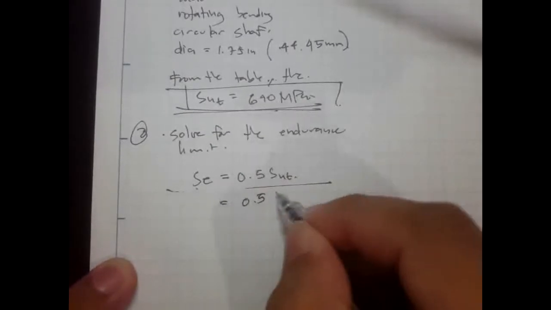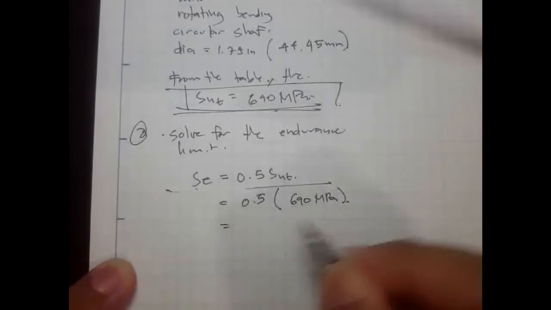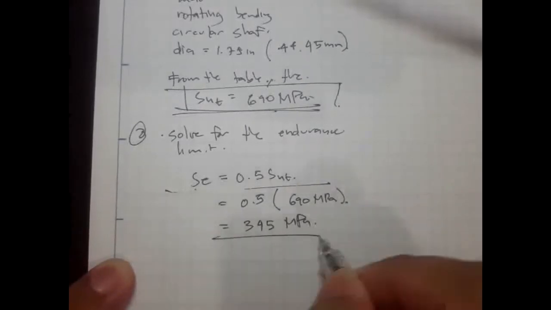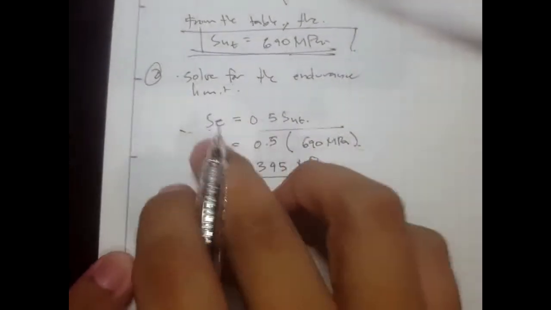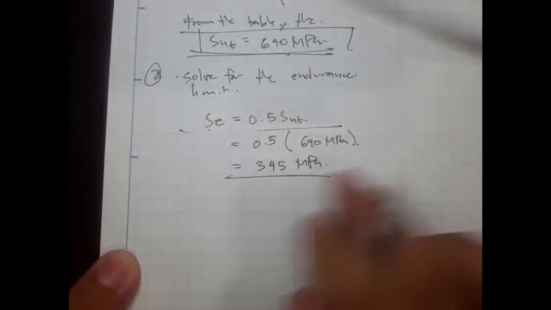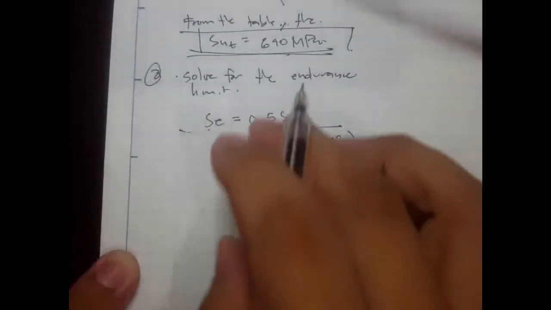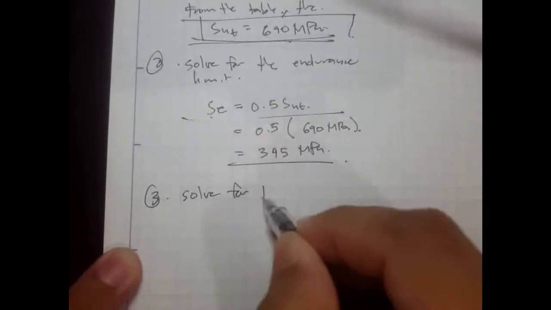So this is our working equation. 0.5 times 690 megapascals is equal to 345 megapascals. So we have the endurance limit based on the standard specimen, and the next step is to solve for the factors.